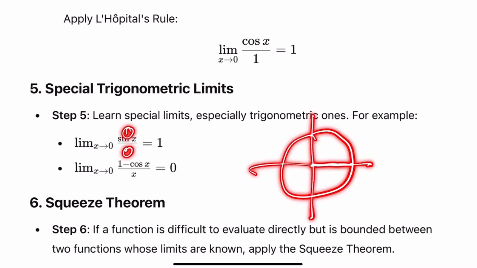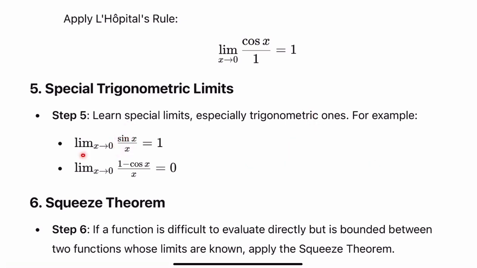However, you can just memorize that the limit of sine x over x is 1, and you will use it. When you get into high level mathematics, you will know how to derive this. But for now, just to save some time when you are solving your problems, just memorize that the limit of sine x over x when x goes to 0 is 1.